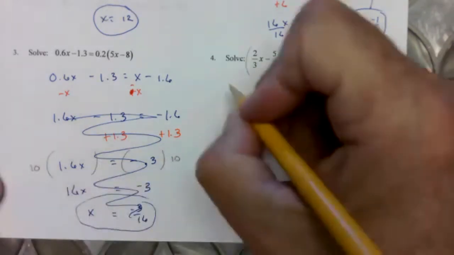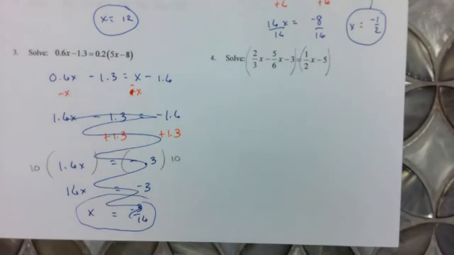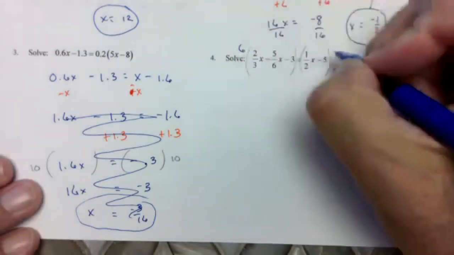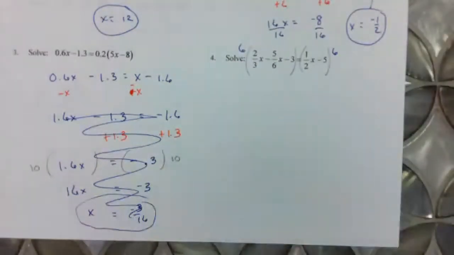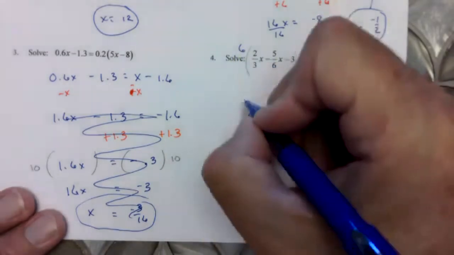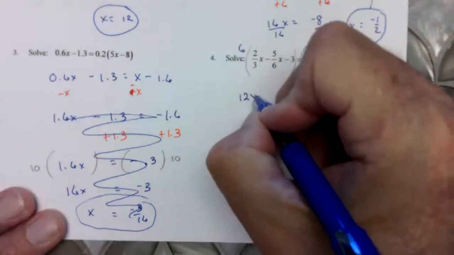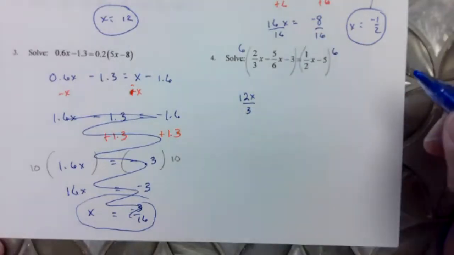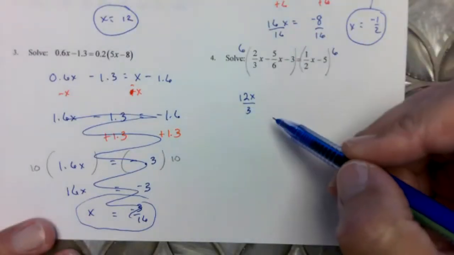And in this case, it's going to be 6. So I'm going to multiply everything on both sides by 6. Okay? If I take 6 times the first term, I get 12 thirds x, which I'm going to be able to reduce.